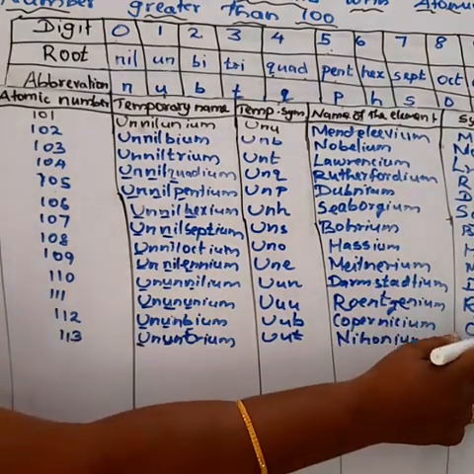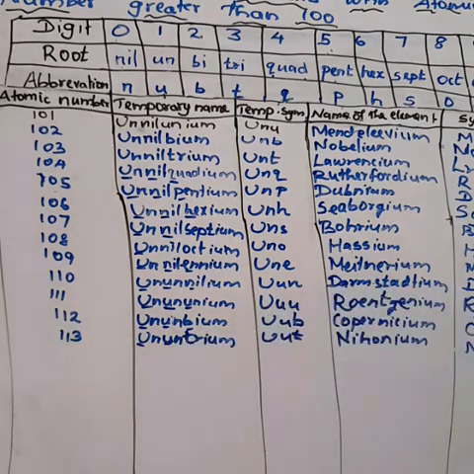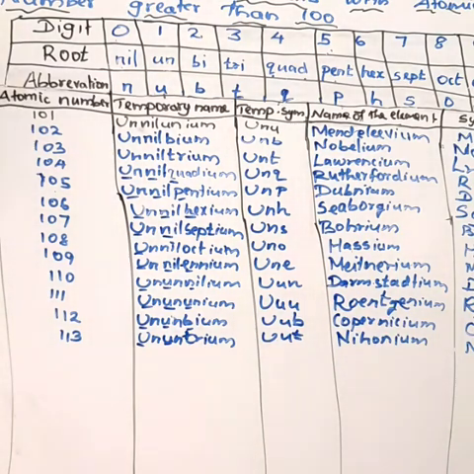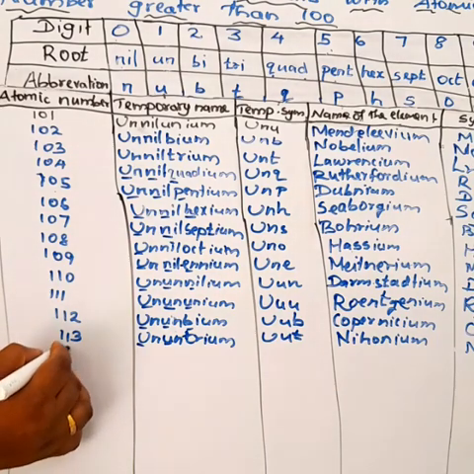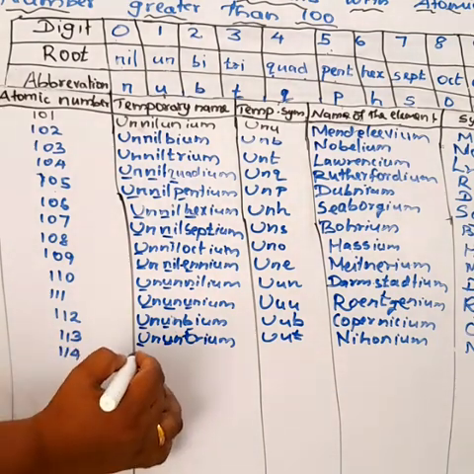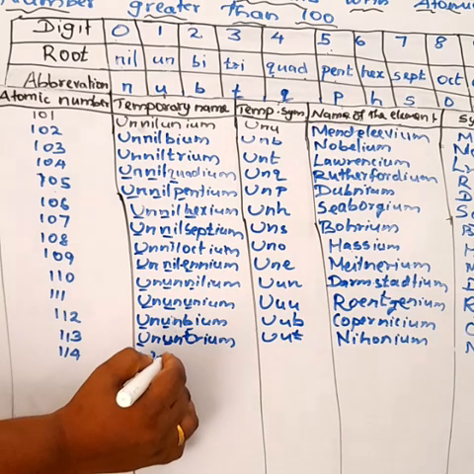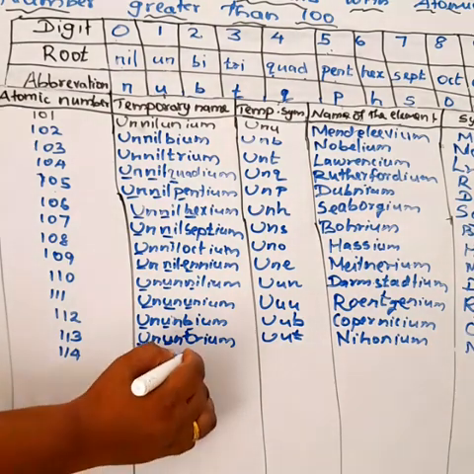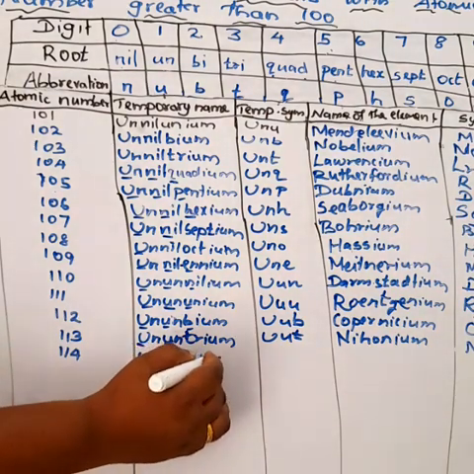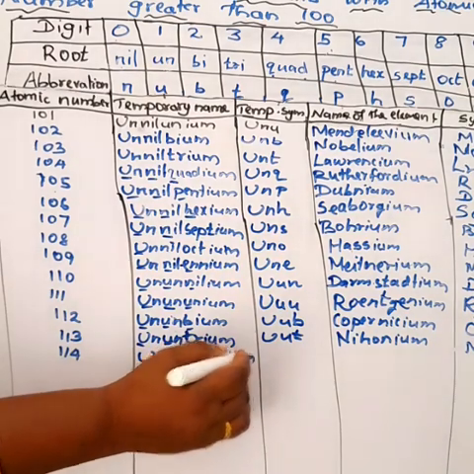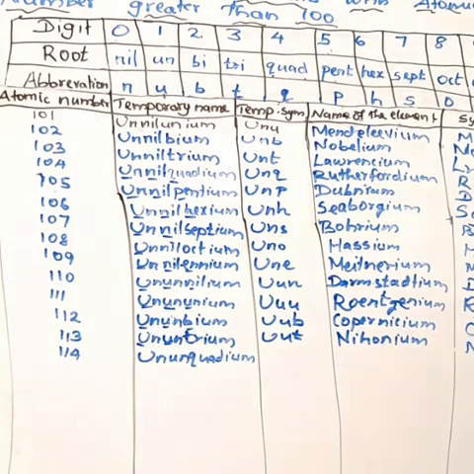Name of the element: nihonium and symbol Nh. After that, 114, temporary name un for 1, again un for 1, and quad for 4. And suffix ium.